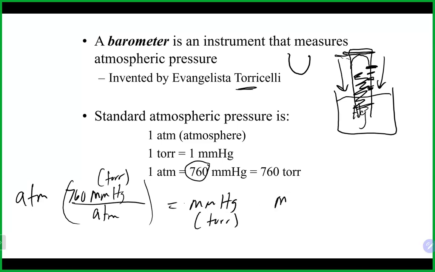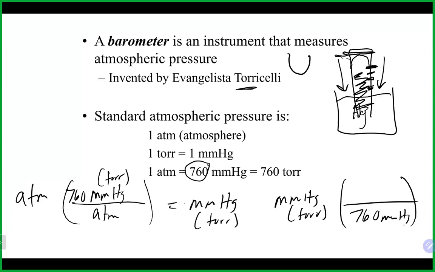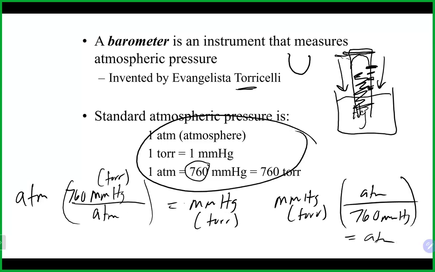If you're starting with millimeters of mercury or torr and you want atmospheres, you're going to divide by the 760, and that will get you to atmospheres. You definitely need to know these numbers for sure. They do come up a lot, including the 760 as a way to convert between those two.